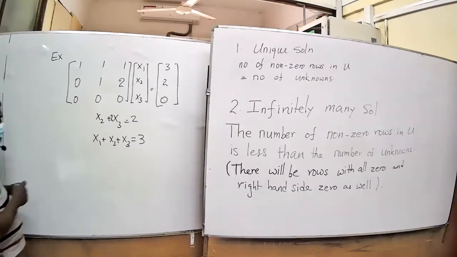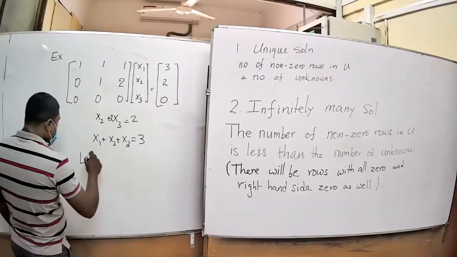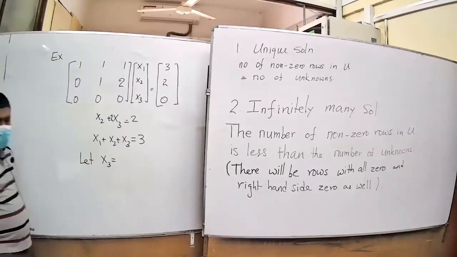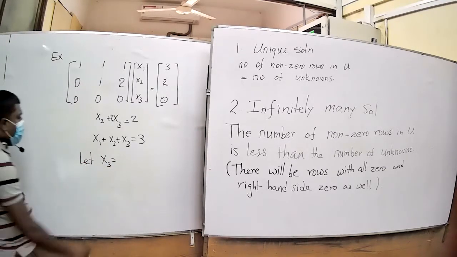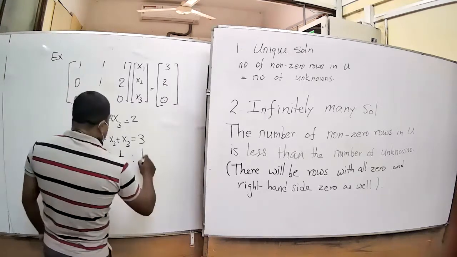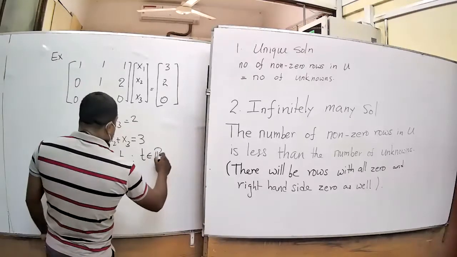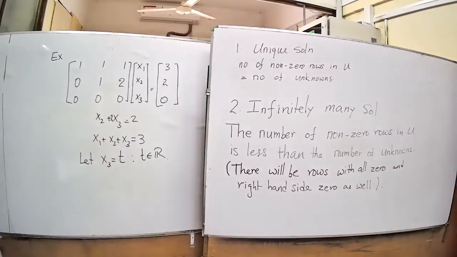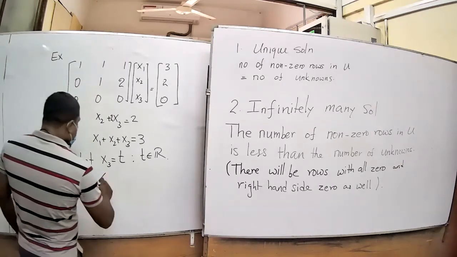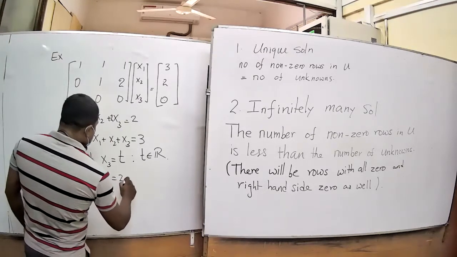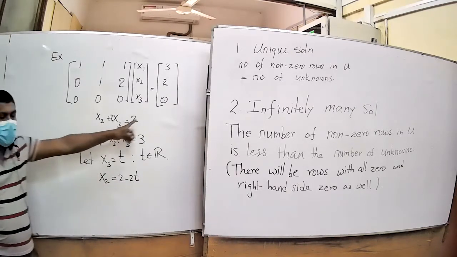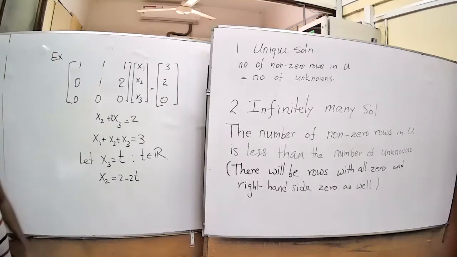Right? So in this case, what you do is, the unknown term which you don't know, you name that as a t, where t is any real number. Right? So if you write x3 as t, then you can write x2. Right? 2 minus 2x3, so 2 minus 2t.